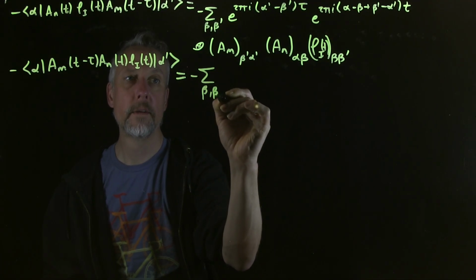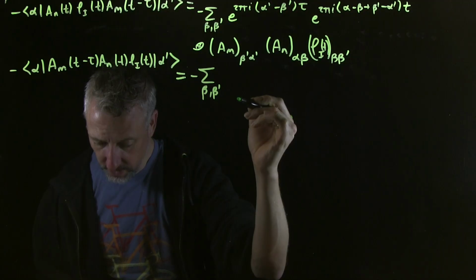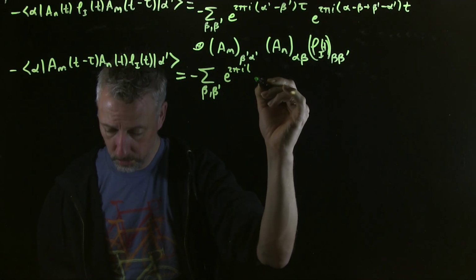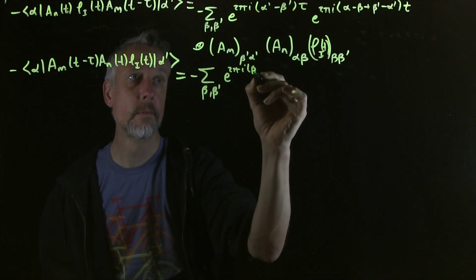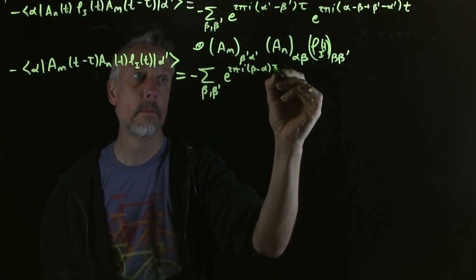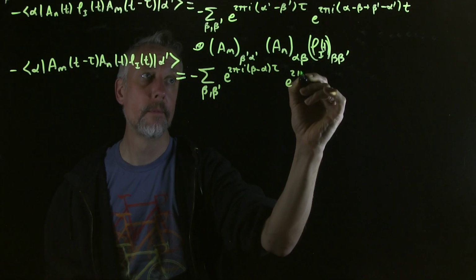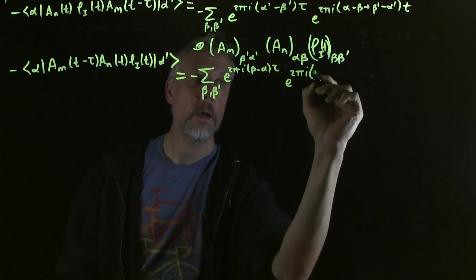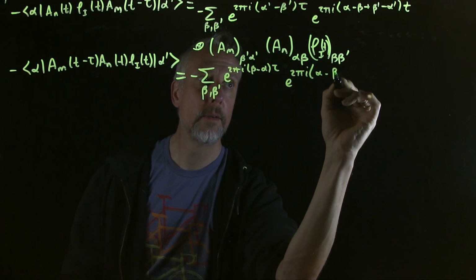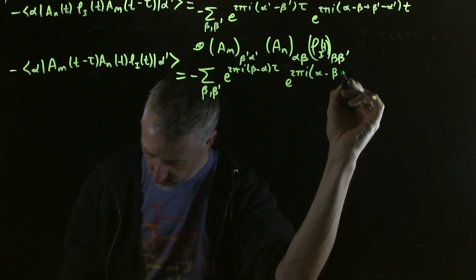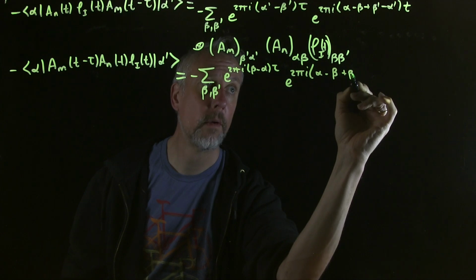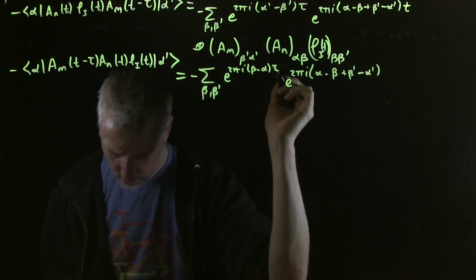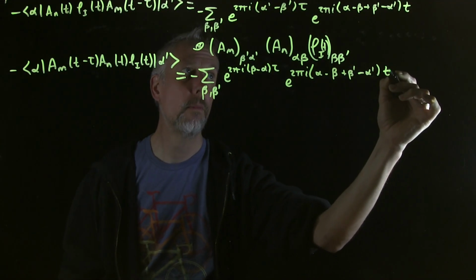This is where having copy and paste would be convenient. Alpha minus beta plus beta prime T. Boom.